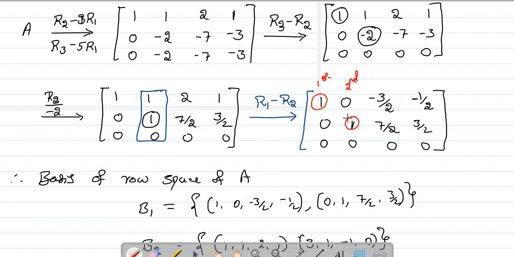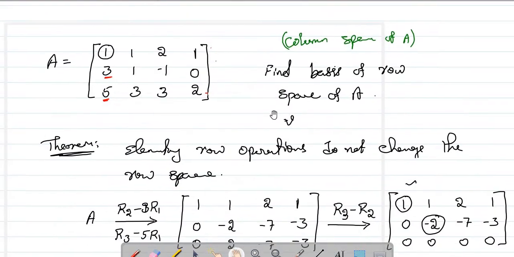You can easily see that with the help of (1, 0) and (0, 1), you can create all these things. Minus 3 by 2, 7 by 2 can be expressed as a linear combination of the first and second column. Minus 3 by 2 times the first column plus 7 by 2 times the second column will give me this third column. Similarly, the fourth column can be obtained with the help of the first and second. So definitely you can see that the first and second columns are a basis of the column space of B. Now what is the basis of the column space of A?